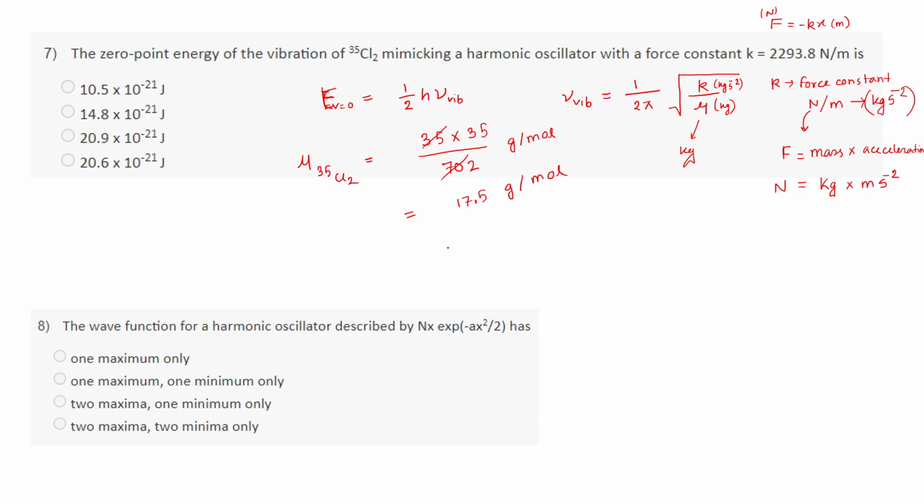So what is this in grams? For one mole there are 6.023 into 10 to the power 23 molecules, right? So 17.5 gram per mole.